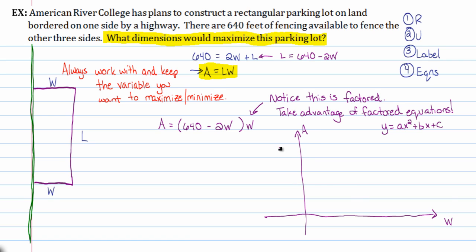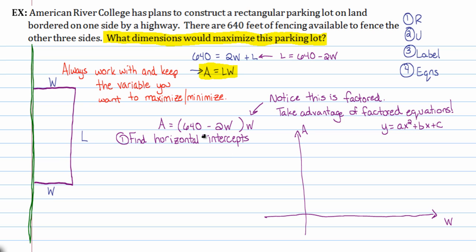Normally when you graph a quadratic, I say find the vertical intercept and find its symmetric points. Well, in this case, since it's already factored, it's pretty easy to find the horizontal intercepts. I promise you that will result in symmetric points, and halfway in between those horizontal intercepts will be the axis of symmetry.